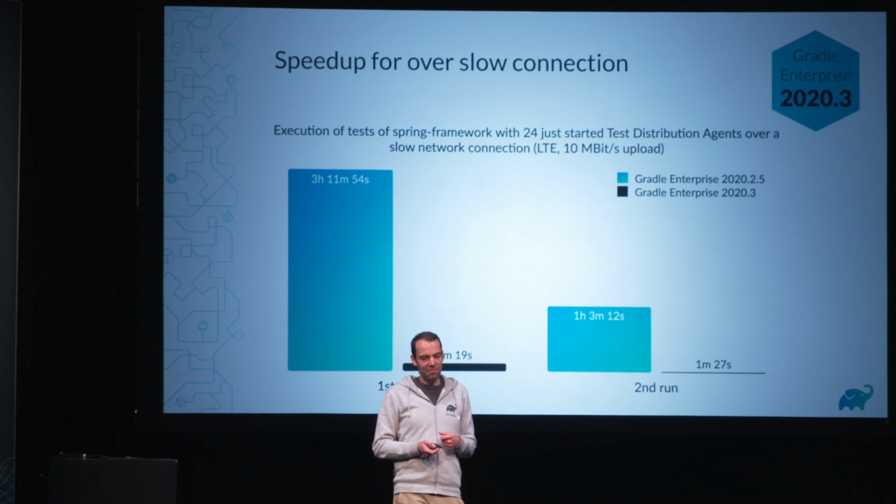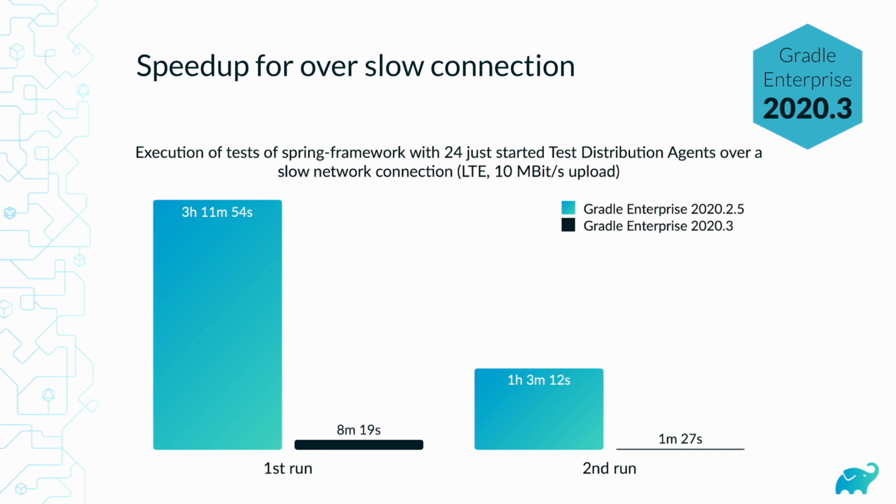Yeah, so we did some measurements for this, and as you can see, it's quite a drastic improvement. What we did here is we used the Spring Framework open source project. We used 24 just started test distribution agents, so they had an empty local file cache. And we simulated a slow network connection, LTE, 10 Mbit upload.